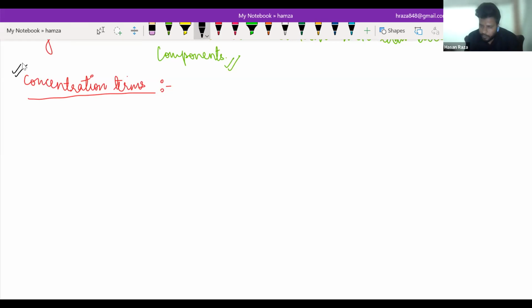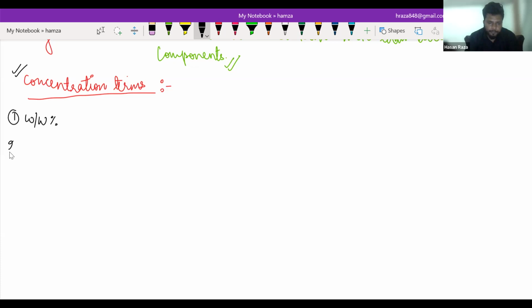Basically, how we are going to define solution, that is called concentration term, in terms of weight, in terms of volume, in terms of mass, or in terms of mole fraction, molarity, number of moles of solute per liter, in terms of molality, normality. It's all concentration term. So I'm going to give you a list of concentration terms, then we will discuss them one by one.